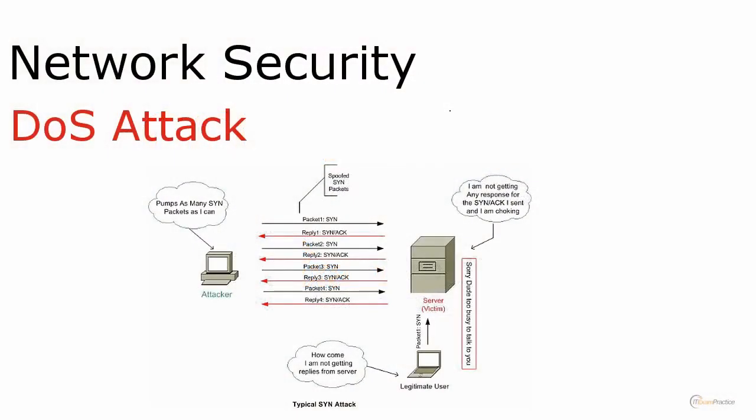Network security, DoS attacks. We all know what a denial of service attack is all about. In this video, I want to show you an example of a DoS attack that happened to me.